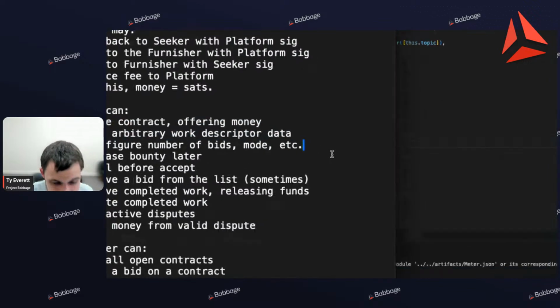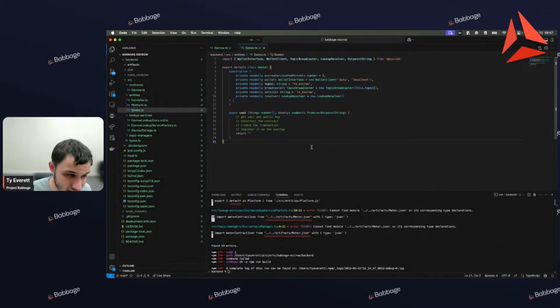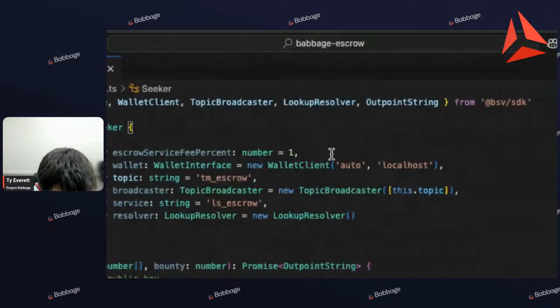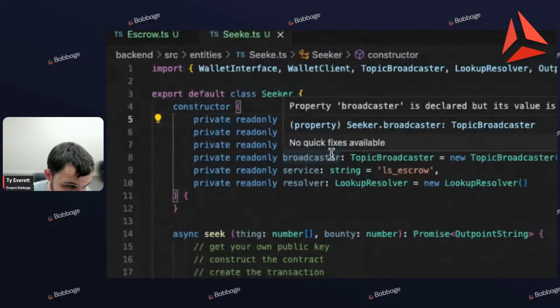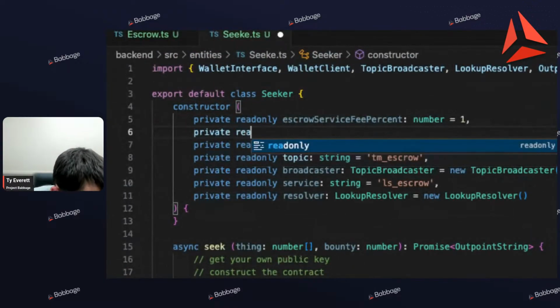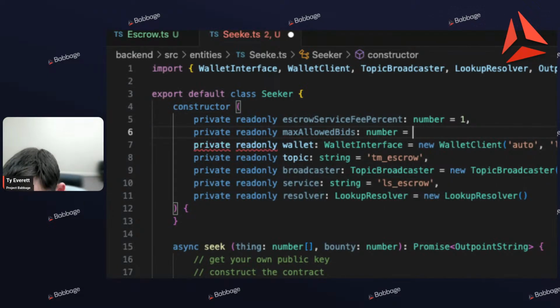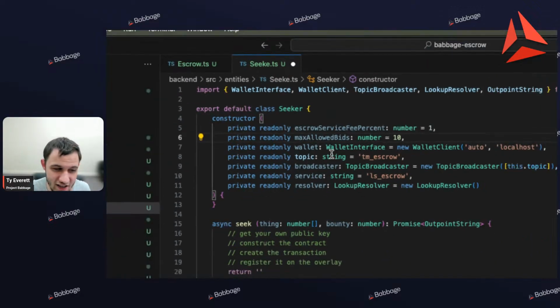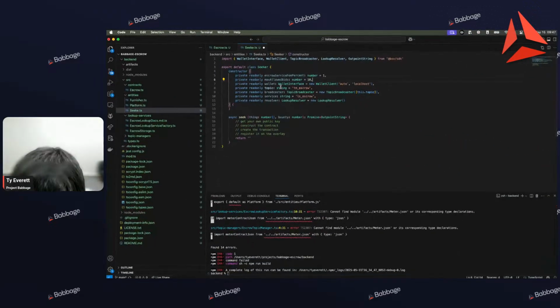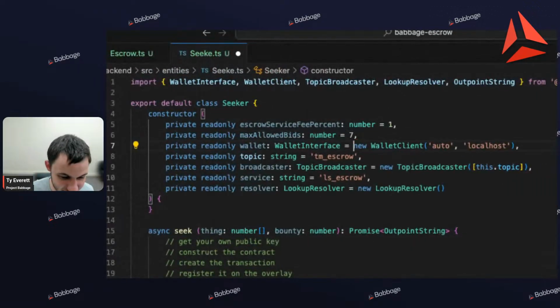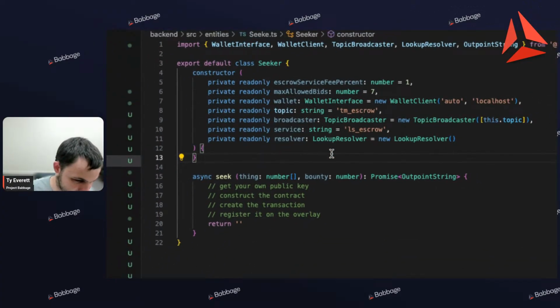Okay, number of bids. That's what we need. How many bids? 10? That's a lot of bids. 7? All right. I like 7.